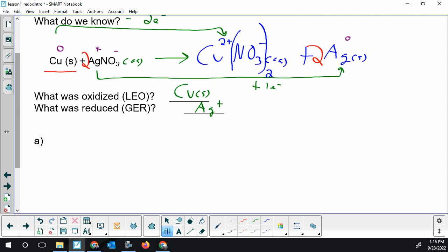So my 2 half reactions, I'll do the LEO and the GER. This again is the mnemonic that I keep writing in to help you realize which is which. So we're losing electrons. That's the copper.